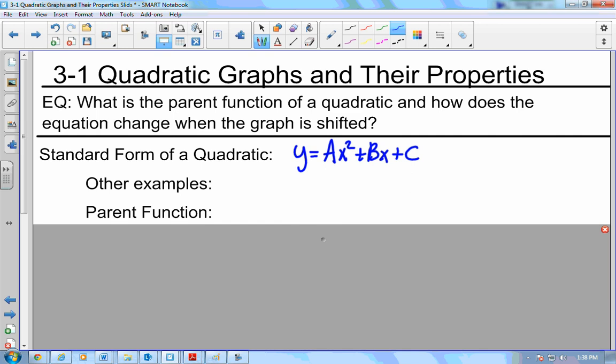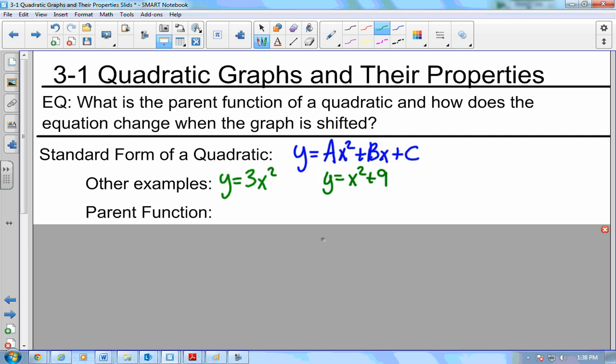So, this would be a quadratic: y equals 3x squared, because it has the x squared, and that's the highest power. Another one would be y equals x squared plus 9.